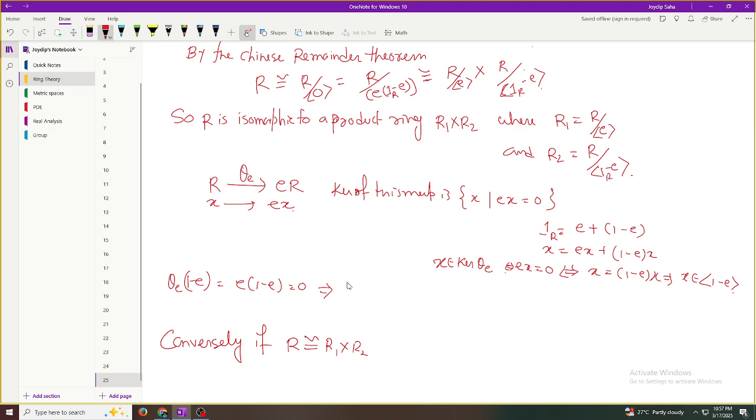That means the 1 minus E ideal is a subset of the kernel of theta E, and the kernel of theta E is a subset of the 1 minus E generated ideal. So exactly, the kernel is the 1 minus E generated ideal.